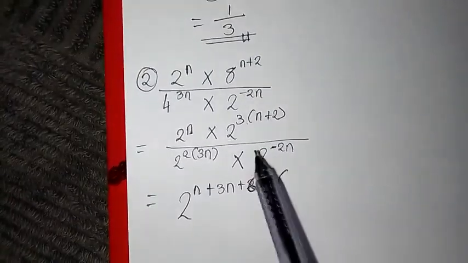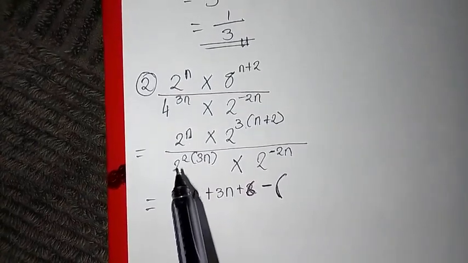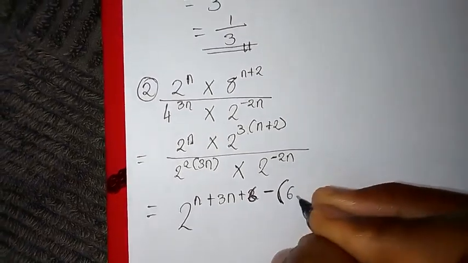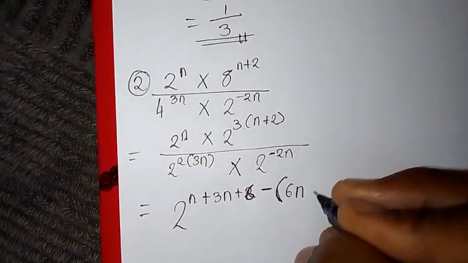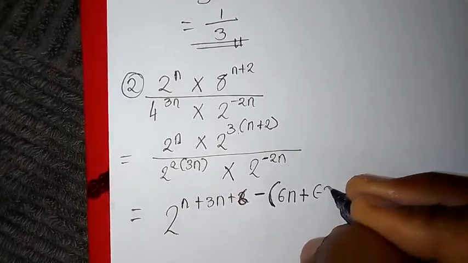Here there is a multiplication, so here we also do the same. We will use the multiplication law. So the powers, there is 6n plus negative 2n.